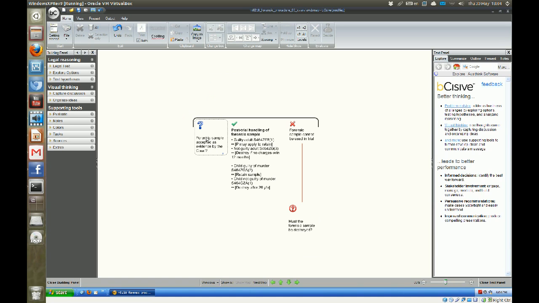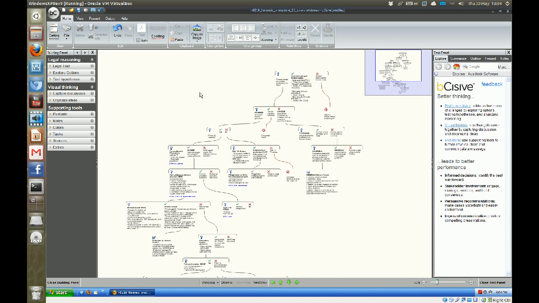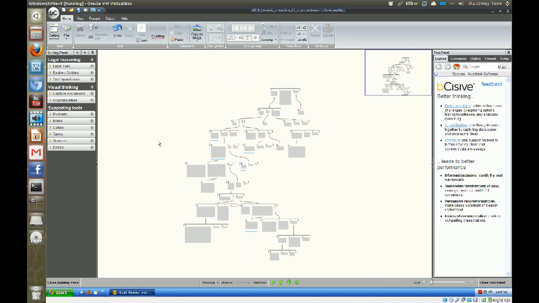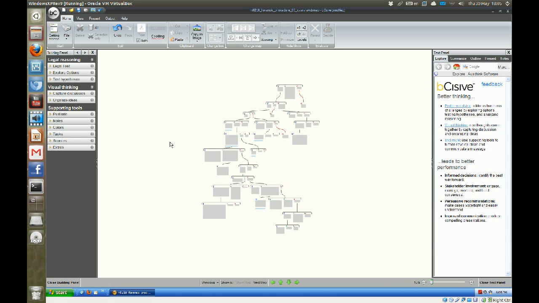So that's basically an overview of matters pertaining to forensic procedure, and as you can see, when it's all spread out, there's actually quite a lot to take into account, but it's essentially quite simple.